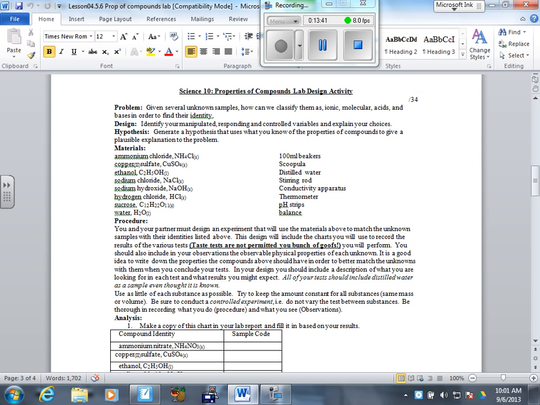Your design: you've got to identify your manipulated, responding, and controlled variables. In this lab, what are you changing each time? Right, the materials. Your unknown is different each time. Are you running the same battery of tests on every single one of them? Yeah, you're doing all those tests we just went over on every single one.